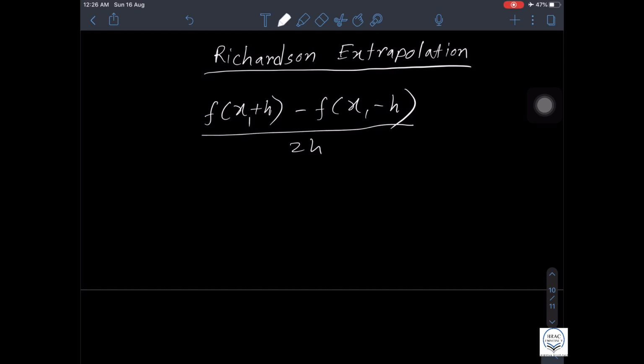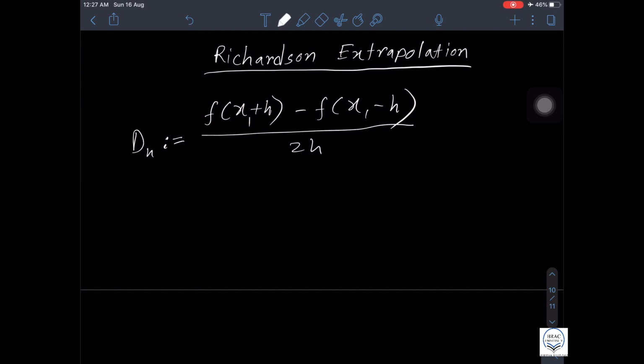The smaller the value of h, the better for truncation error, but we learned in the last video that we cannot take it to be arbitrarily small, because then you'll have some rounding error creeping up as well. So let's give it a name. This quantity is the derivative of f at point x1, and we call it dh. This is the defined symbol, so dh is defined like this.